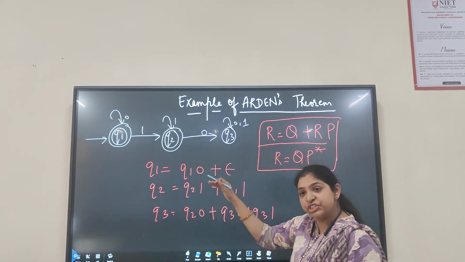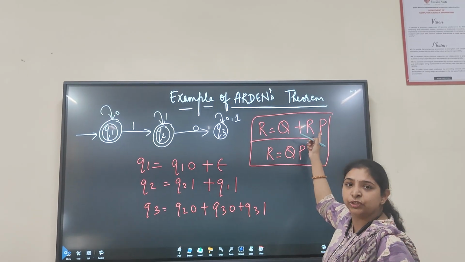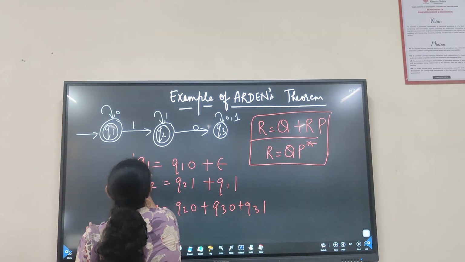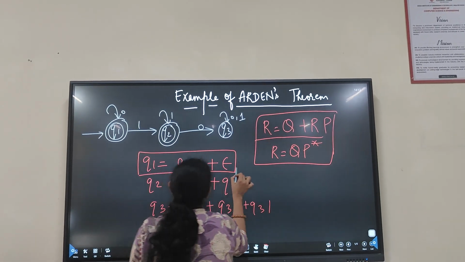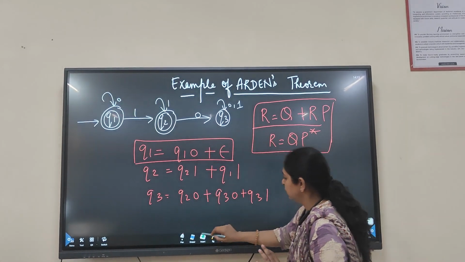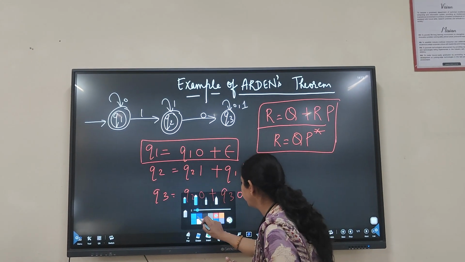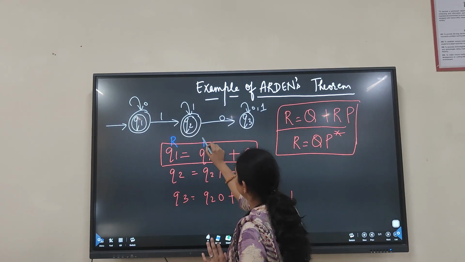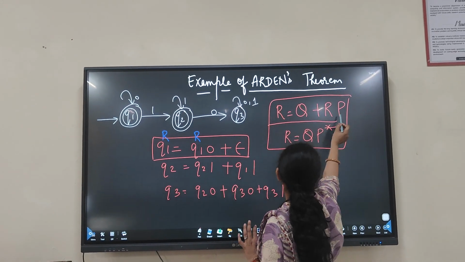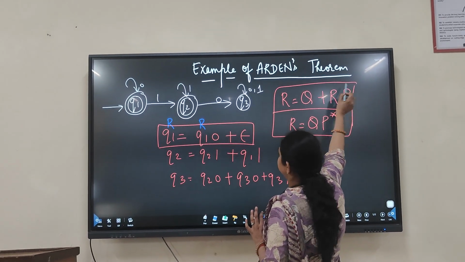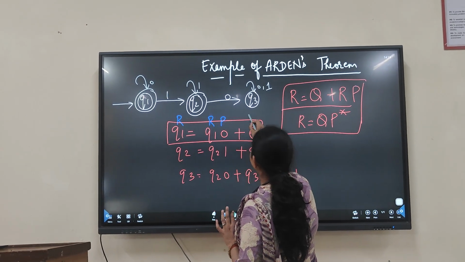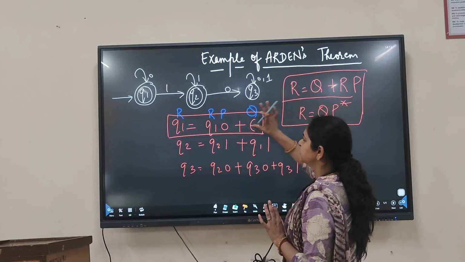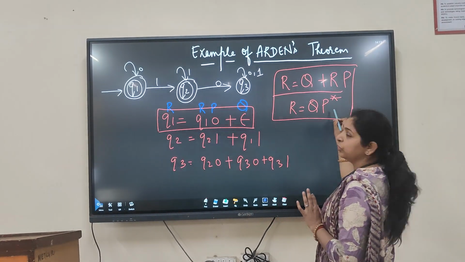The next step is to compare each of these equations with R is equal to Q plus RP. First I am taking Q1. When I compare this with R is equal to Q plus RP, anything that is written with R will be known as P, and this will be Q. As per Arden's theorem, the solution will be R is equal to QP star.